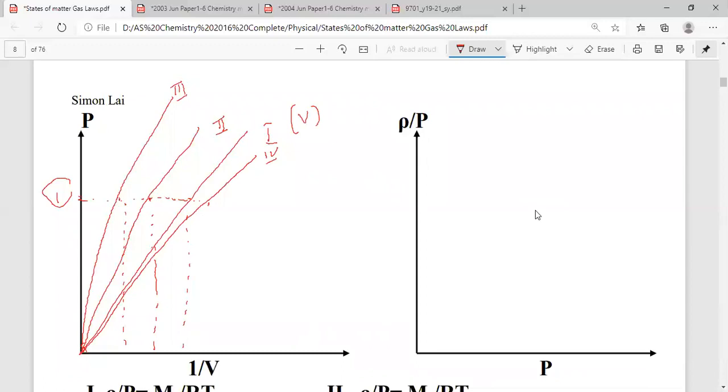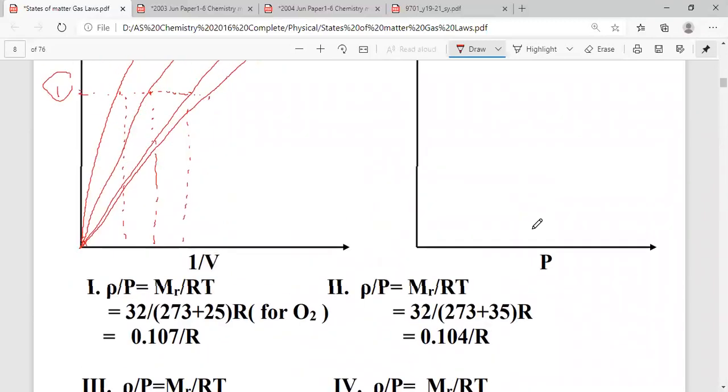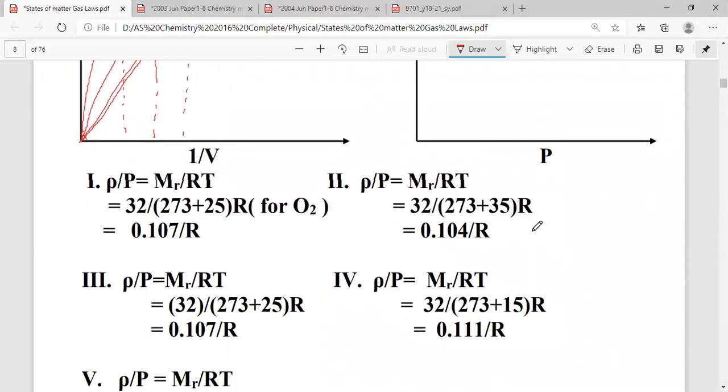Our first one here you can do for yourself. Now, rho over p. Remember rho over p, I did it with you here. You can go and think for yourself. Oxygen. Remember, the rho over p value depends on the Mr and the T. If oxygen is constant, 32, 32, 32, then the T will be the one that plays the part.